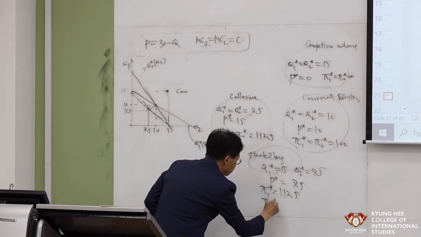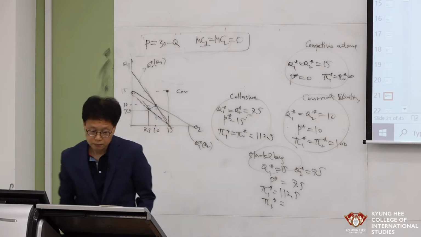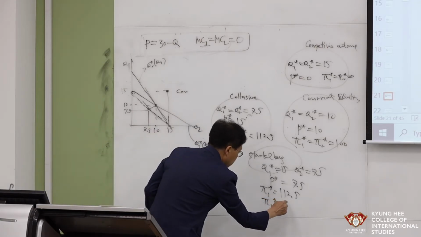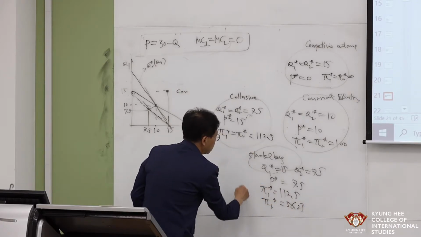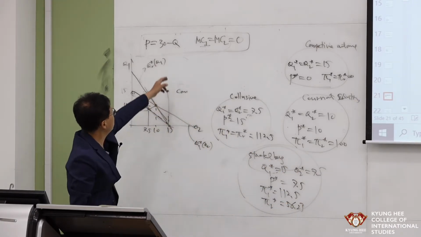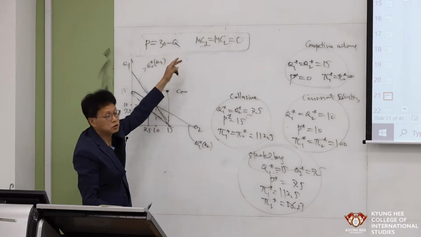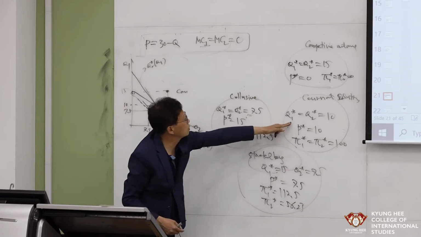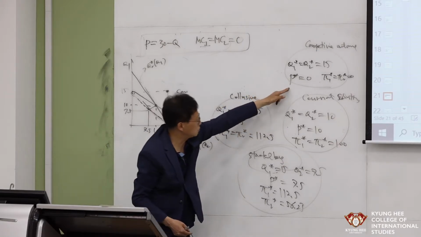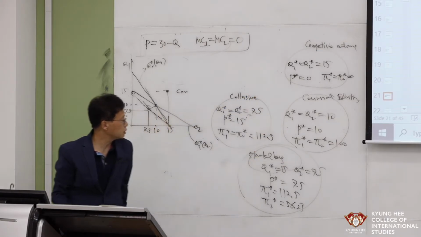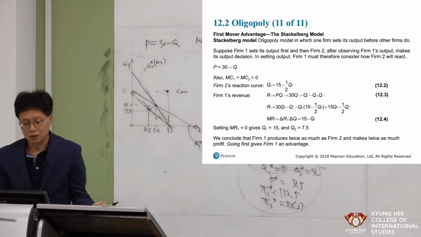Firm 2's profit is equal to 56.25. Okay, that is the Stackelberg outcome. In this situation, we solved the corner solution, the collusive outcome, the competitive outcome, and finally we solved the Stackelberg model, right?